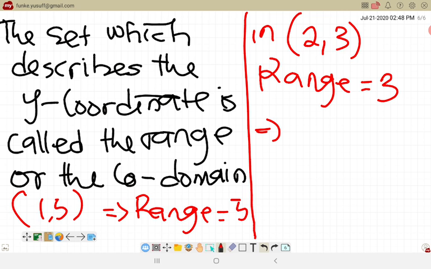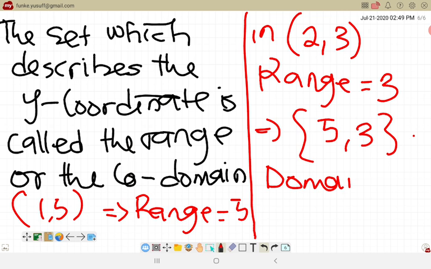So in short, the range of that set of ordered pairs is 5, 3, and the domain is 1, 2.